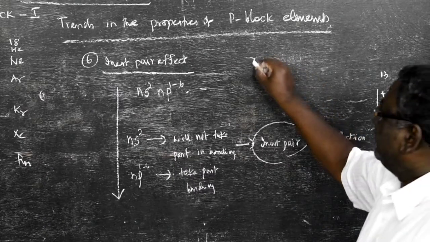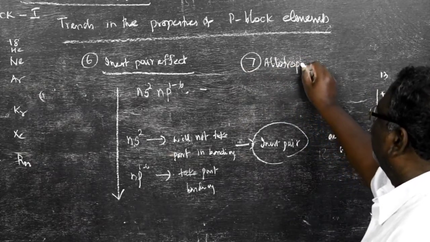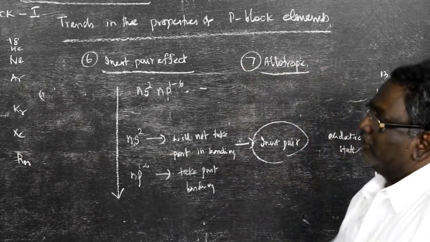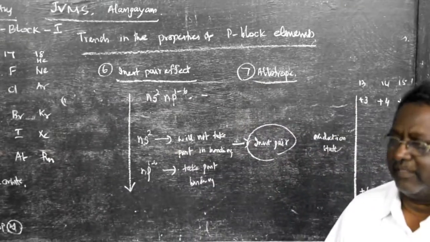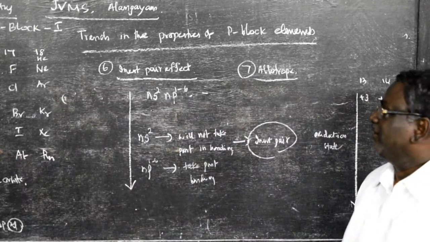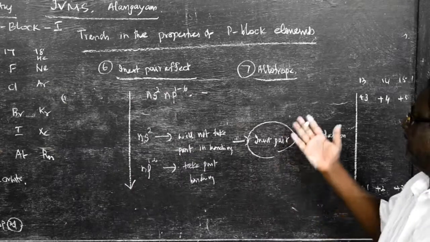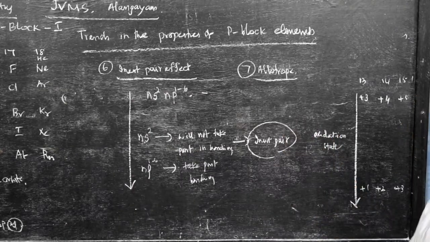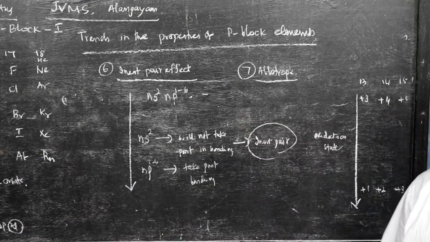The last property is allotropy. Allotropy is nothing but the existence of the same substance in different physical forms, right? For example, oxygen can exist as oxygen as well as ozone. Carbon can exist in the form of diamond as well as graphite, right?